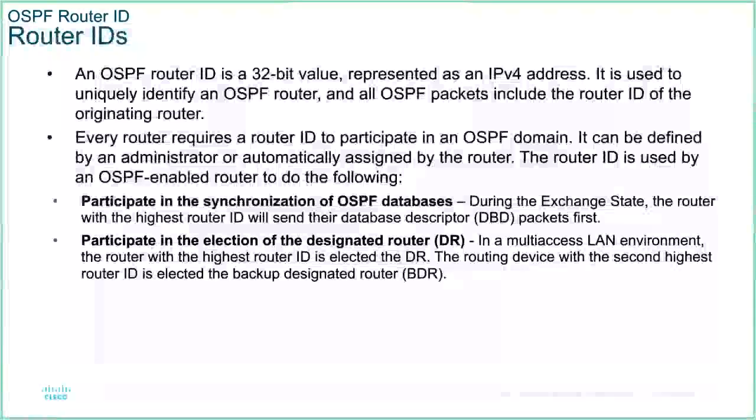So to start off with, we'll cover the router's ID. We need to identify each device within the OSPF domain, and we do this with a unique 32-bit value, which is equivalent to the old IPv4 address. It's represented in the dotted decimal format. We will go through and see the preferences or default ways a device will come up with this ID if you just leave it to its own device.